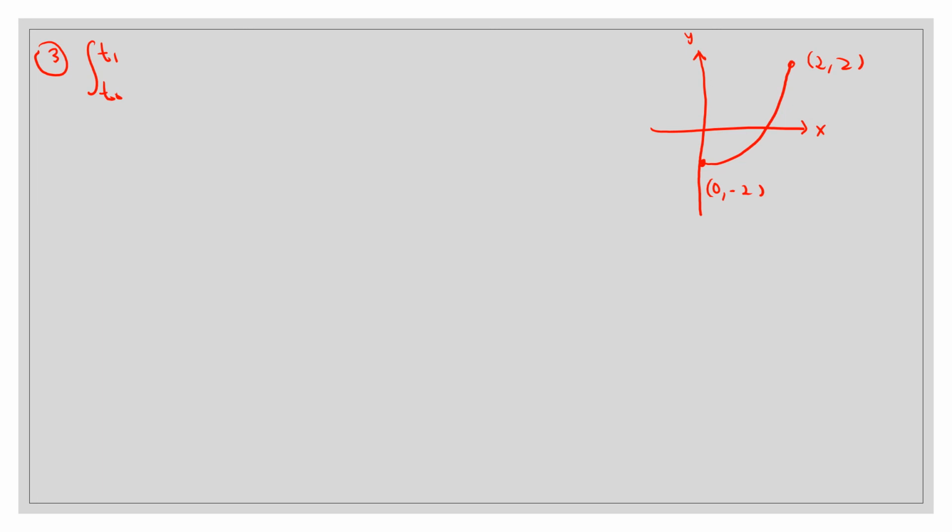Okay, let me tell you. Remember what we have learned in the first step, parameterization, which is in step 2. Okay, we know that x equal to t. Based on this information, the limit is based on point x. So the particle moves from 0 to 2 because we want to integrate in terms of x.